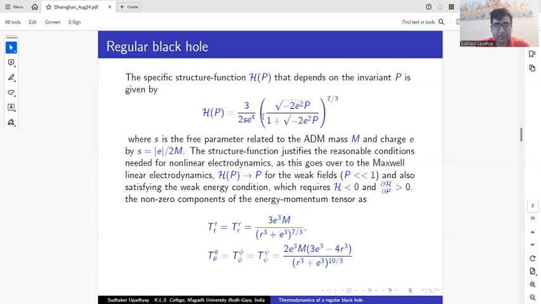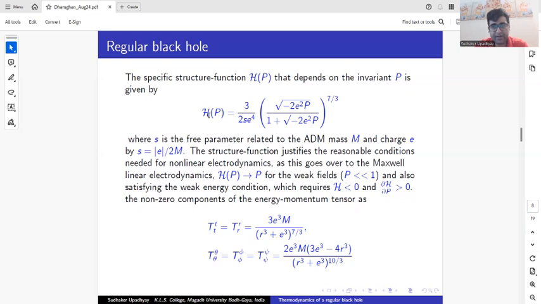Okay, so with these conditions, this can be considered, and you can see this F is a free parameter, a fraction of the electric charge E over 2M. This is the ADM mass, which is related to the black hole mass.